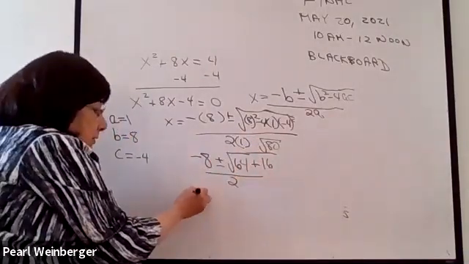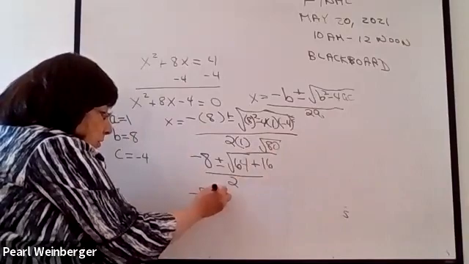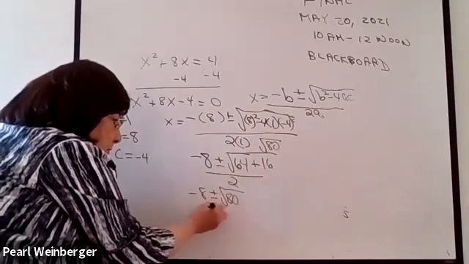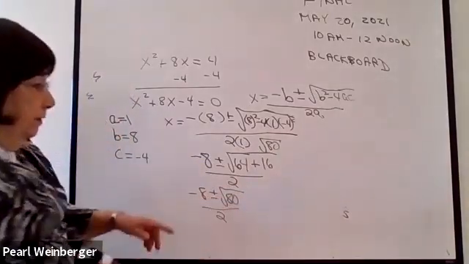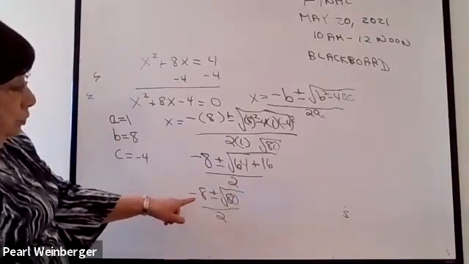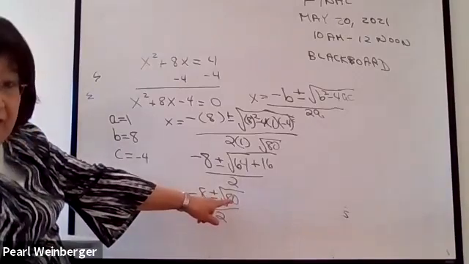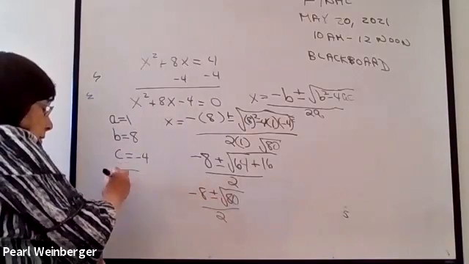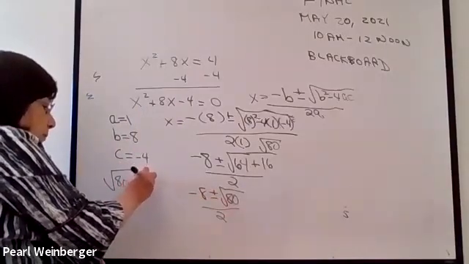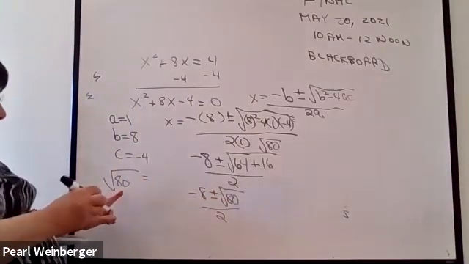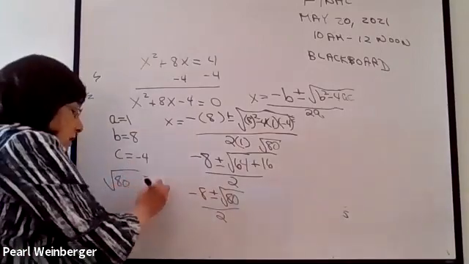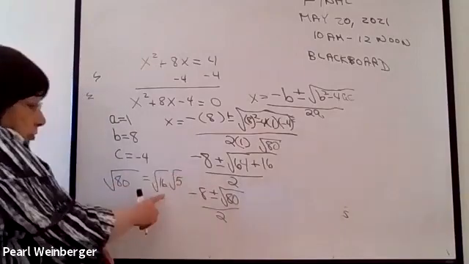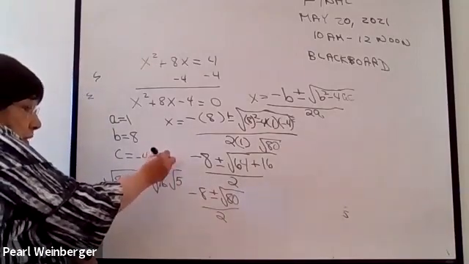So this becomes -8 plus or minus the square root of 80 over 2. And the big thing is to make sure to simplify that radical. The square root of 80 can be simplified. 80 is 16 and 5. So the square root of 16 is 4.